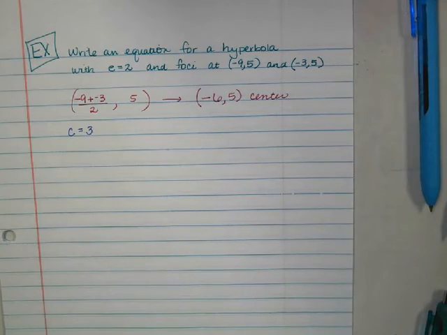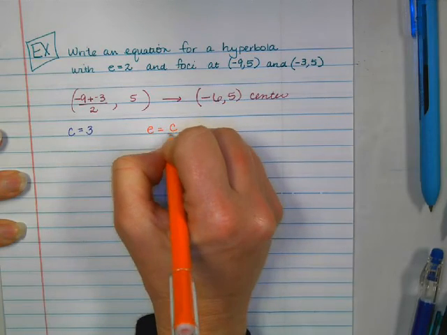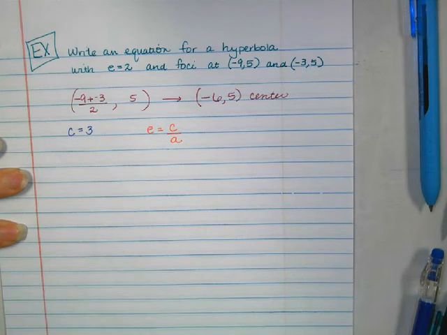All right, and now I know my eccentricity. Remember how you find it? C over A, right? So if E equals C over A, I can plug in the pieces I know and solve for what I don't know.